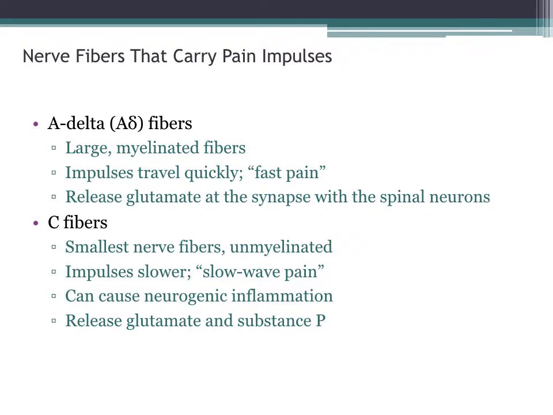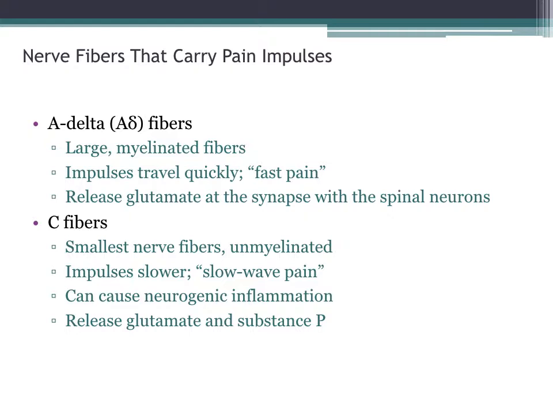The C fibers are the smallest nerve fibers, and they're unmyelinated. The impulses are slower. They will sometimes refer to these as being slow wave pain. These fibers can cause neurogenic inflammation, meaning that we have the whole inflammatory process happening around this nerve that's feeling that pain.